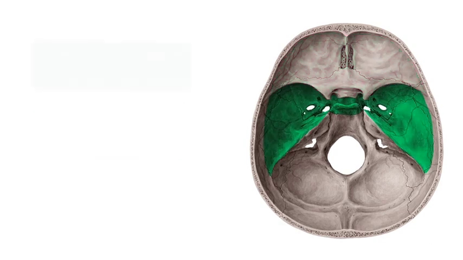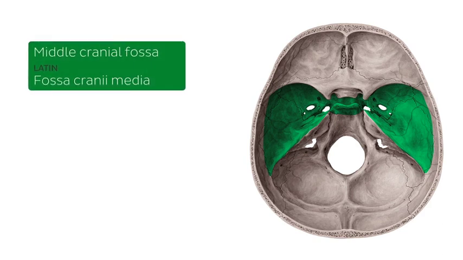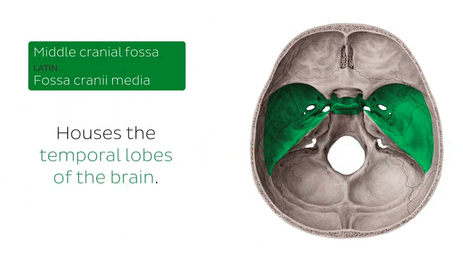The other one we see a bit more centrally. This is then known as the middle cranial fossa. And the middle cranial fossa is formed by parts of the parietal bones and the temporal bones, and it houses the temporal lobes of the brain.